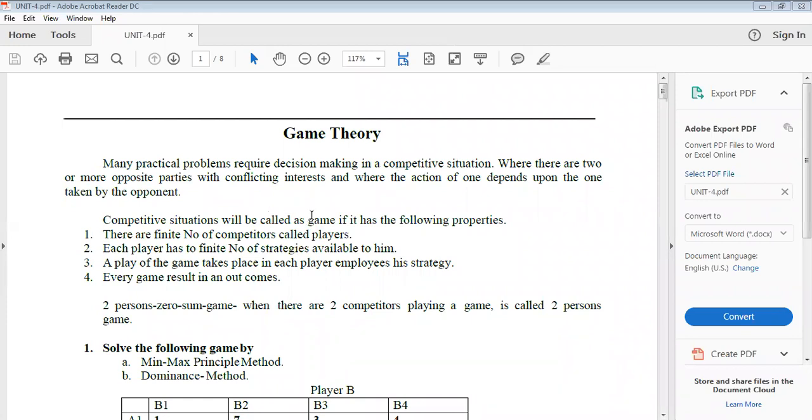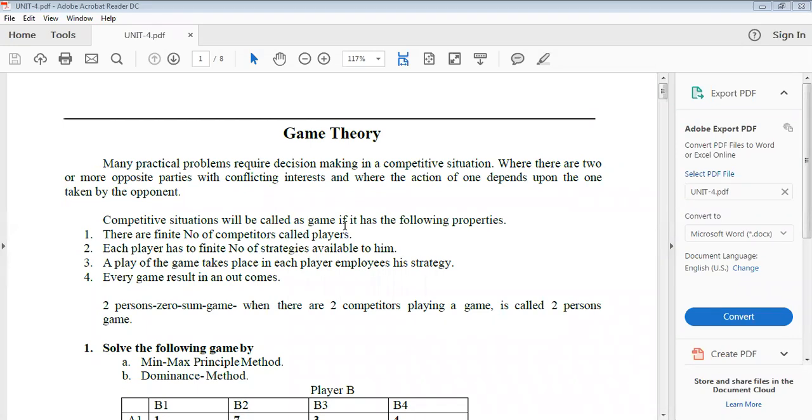Many practical problems require decision making in a competitive situation where there are two or more opposite parties with conflicting interest, where the action of one depends upon the one taken by the opponent.